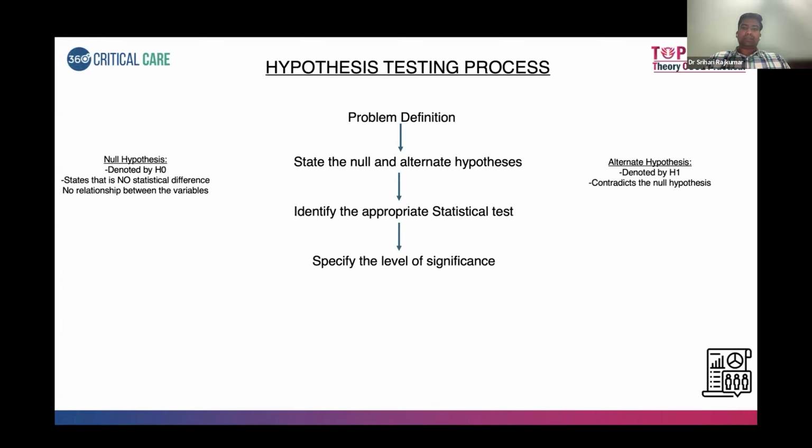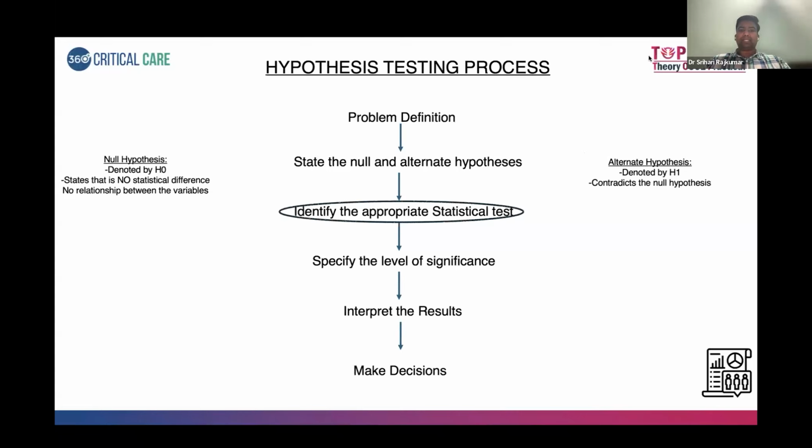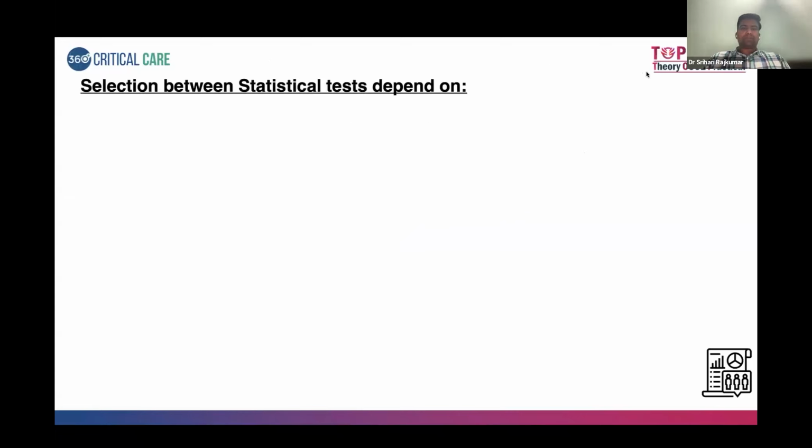Then you specify the level of significance. Once that is done, you interpret the results, and finally, you make decisions. The area that I will be covering is predominantly identifying the appropriate statistical test. So how do you do it?